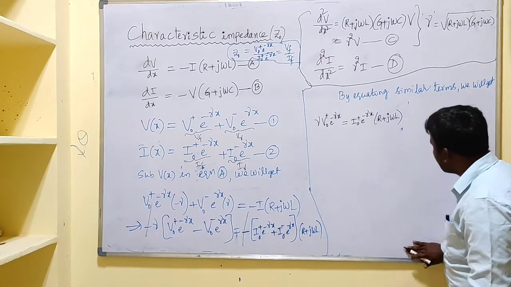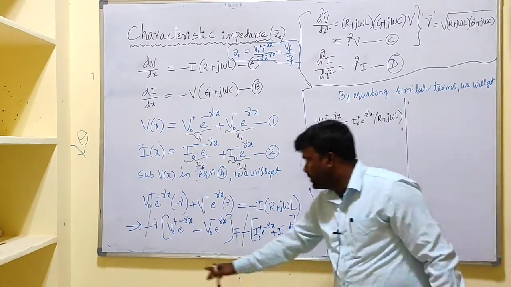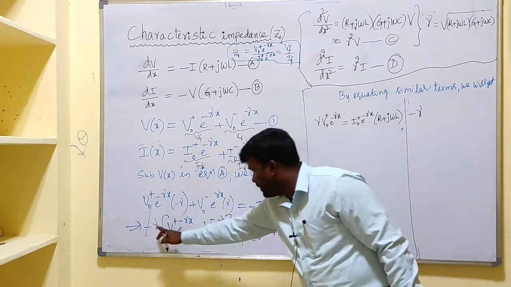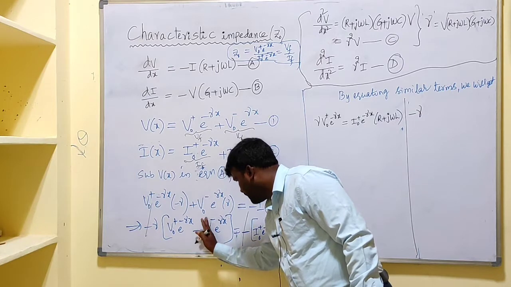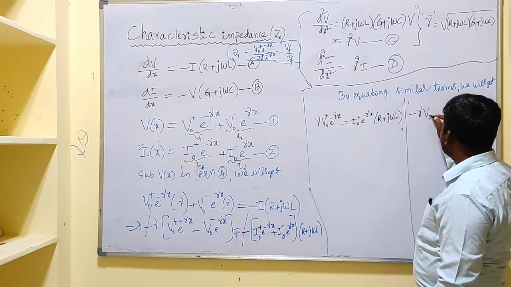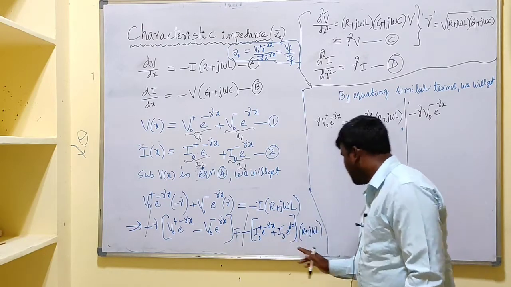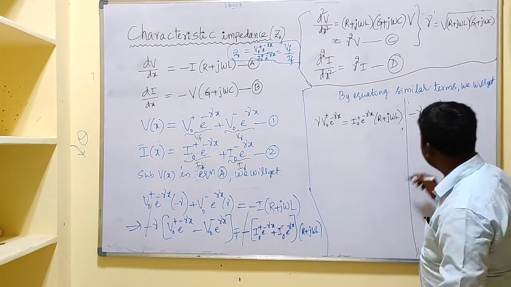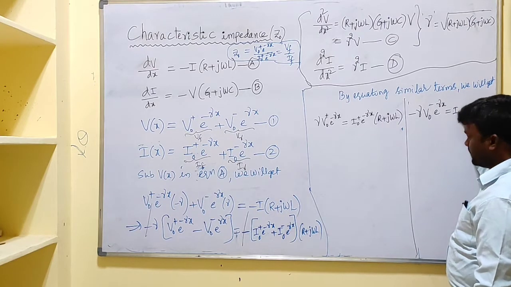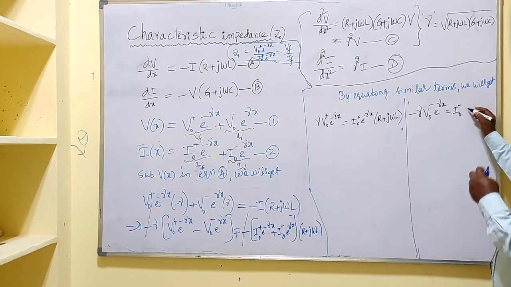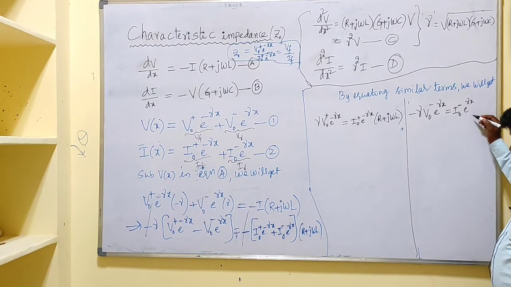And the other term is the second term. So gamma into this minus, means minus gamma into V naught minus e to the power gamma x on the left-hand side, and on the right-hand side e to the power gamma x into I naught minus e to the power gamma x into r plus j omega L. Now let us simplify this.